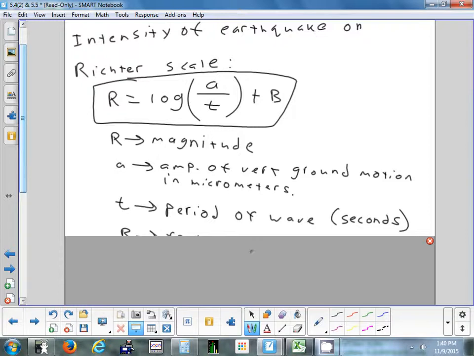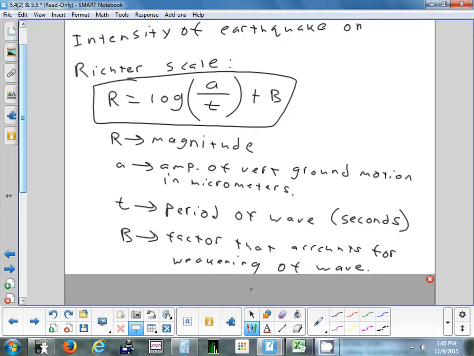And what happens to the wave as it moves out from the center? It gets smaller. Yeah, it starts to decrease. If you had a pond that was perfectly still, by the time that wave moves, say a huge pond, like 500 feet away, the ripple would probably be very, very small. So there's a factor that accounts for the weakening of the wave.